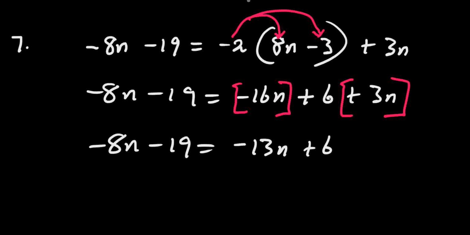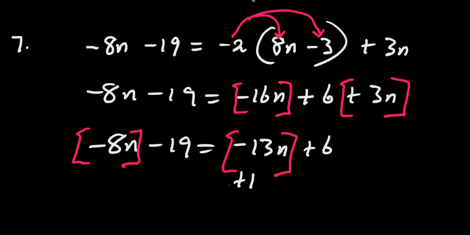So now we have the n term on both sides. You can see we have negative 8n on the left side, and we also have negative 13n on the right side. So we can choose to move either negative 8n or negative 13n. But now let's move negative 13n to the left side by adding 13n to both sides.